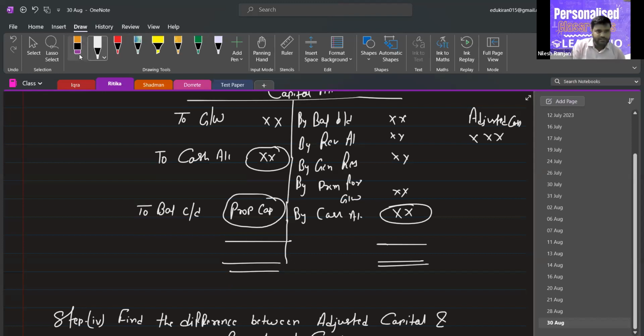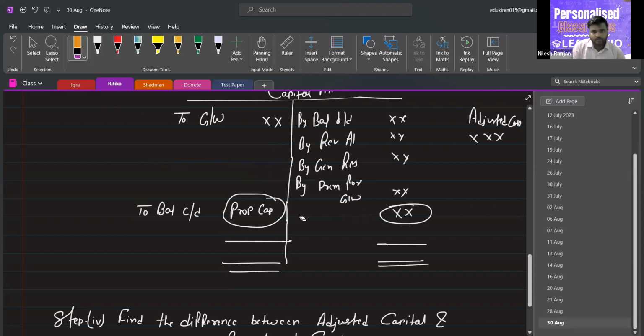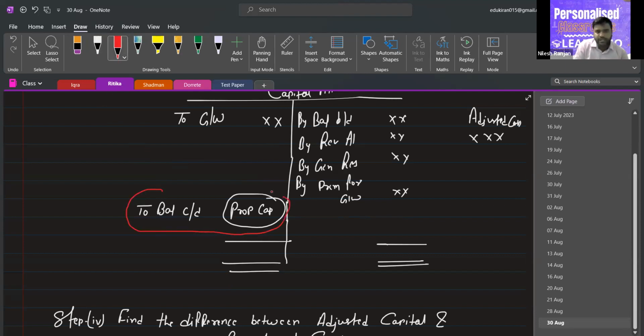Let me erase this. If we don't write this balance c/d here, the proportionate capital we are writing here in balance, then the balance will be adjusted capital.